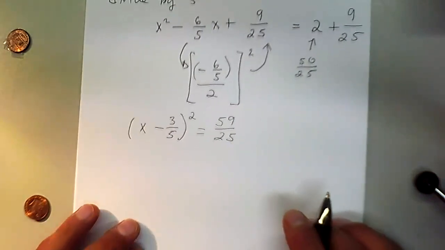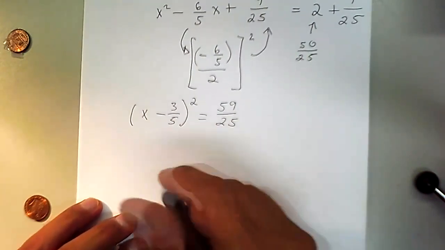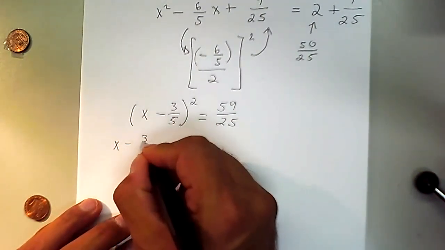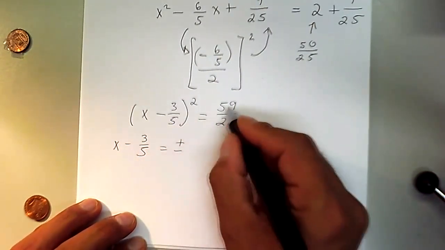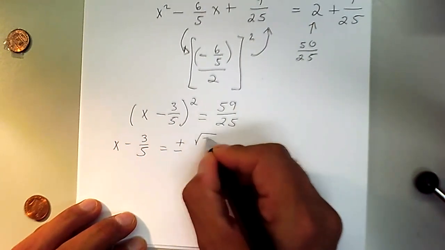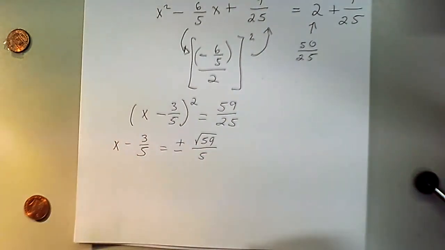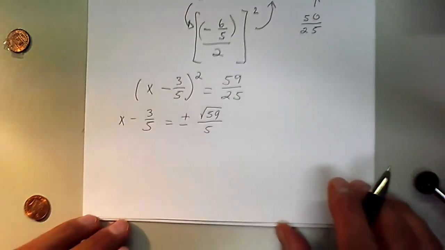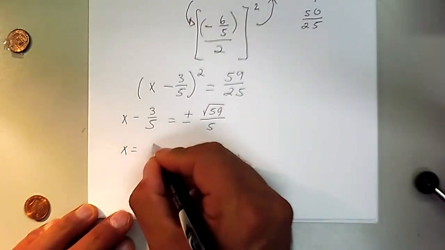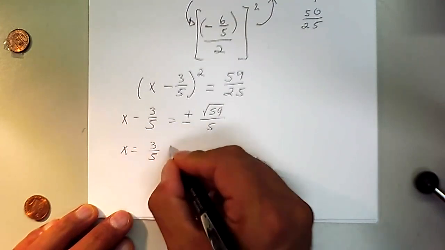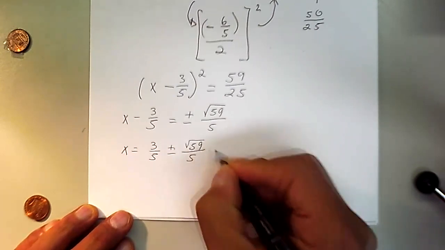Then we take the square root on both sides of the equation. So x minus 3/5 equals plus or minus the square root of 59 over 5. 59 is not a perfect square, so we just leave it alone with the square root. And x is equal to 3/5 plus or minus square root of 59 over 5.